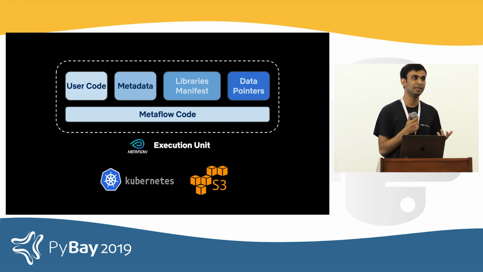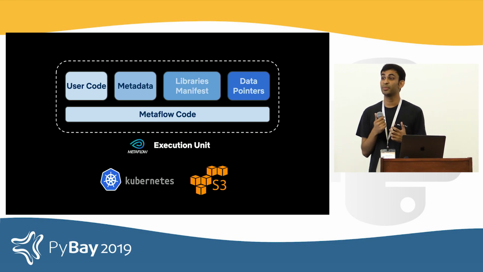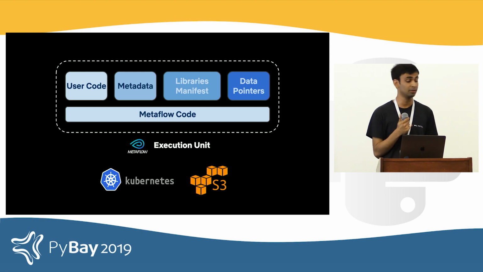Another thing that we wrap in this execution unit is the Metaflow code itself, because our infrastructure is also evolving over a period of time, and we want to make sure that our users don't suffer a hit in any reproducibility guarantees as we push out more and more changes into our execution infrastructure itself.